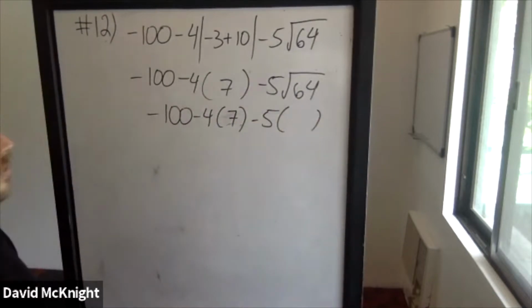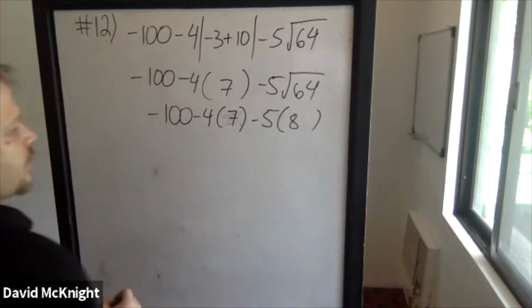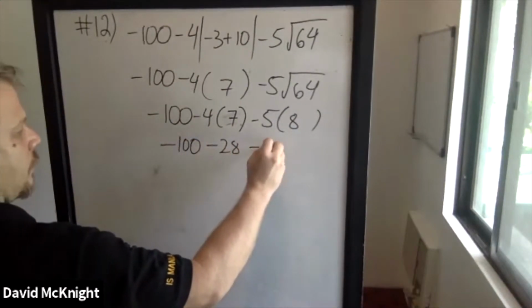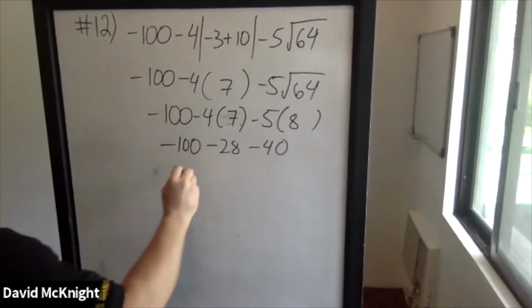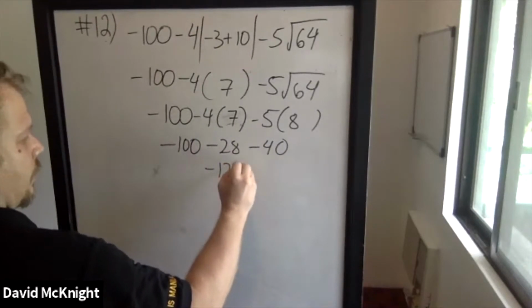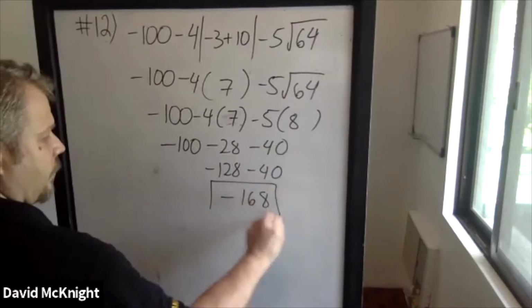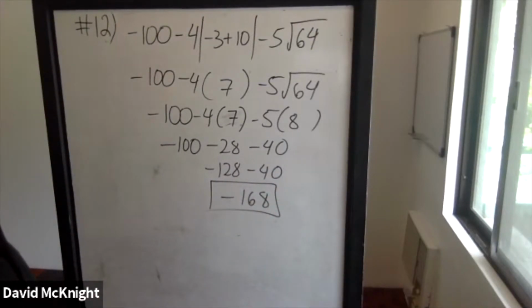And square root of 64 is 8. So multiplication. And simplifies to negative 168.